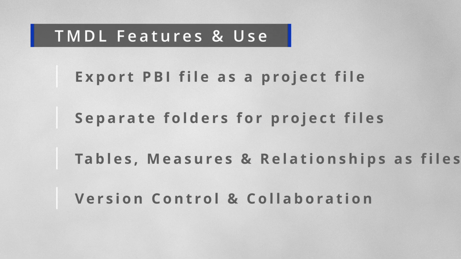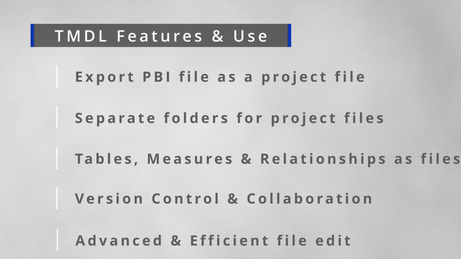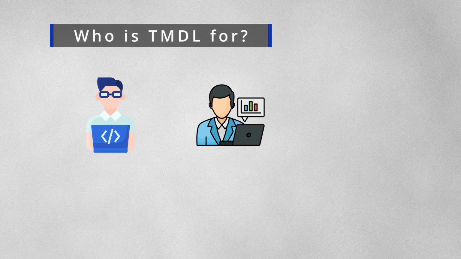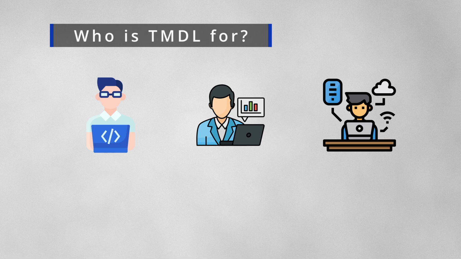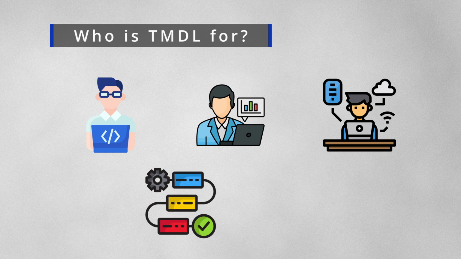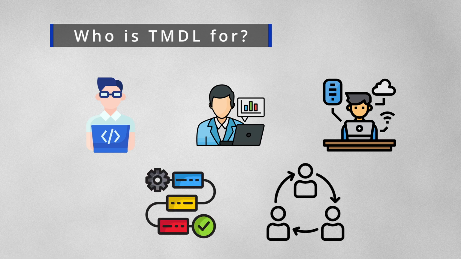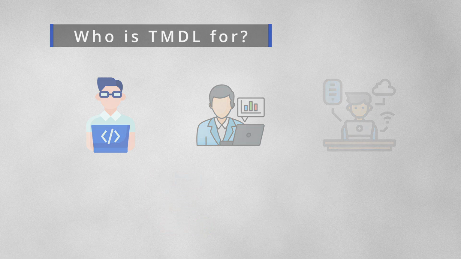This significantly helps with version control, making it easier to collaborate with team members, and it also allows for quick modifications without even opening the Power BI file. So whether you are a developer, a data analyst, or a Power BI administrator, understanding TMDL can significantly streamline your development workflow and improve collaboration within your team.